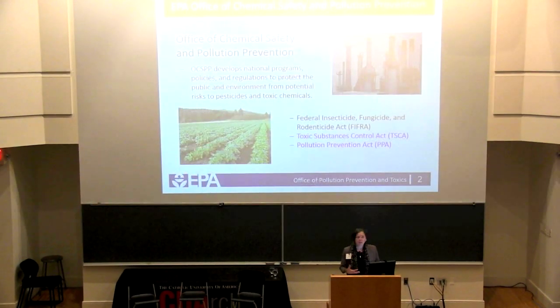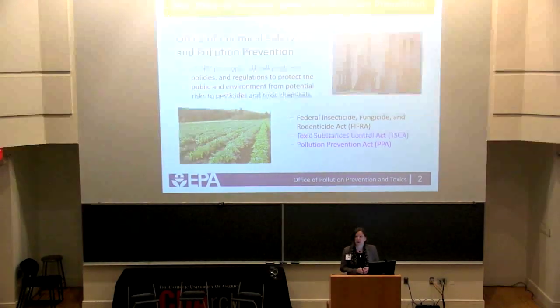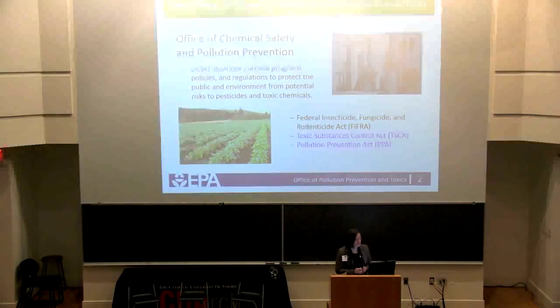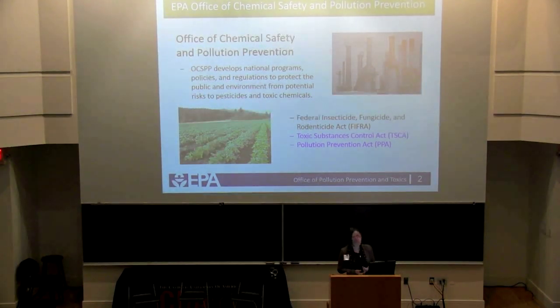Basically, there's a number of programs across EPA that are relevant to buildings and architecture. I'm going to talk about just two program areas within the office that I am in, and that's the Office of Chemical Safety and Pollution Prevention. Basically, this office is responsible for developing the national programs, policies, and regulations to protect the public and the environment from exposure to chemicals. And those are both pesticides as well as industrial chemicals, as well as chemicals that might show up in consumer products.